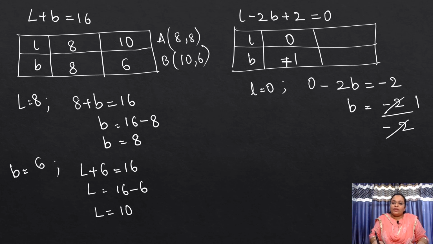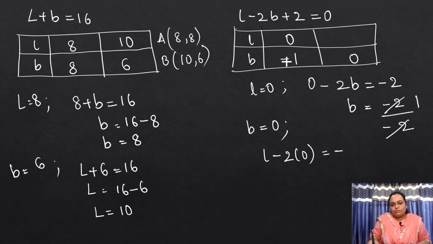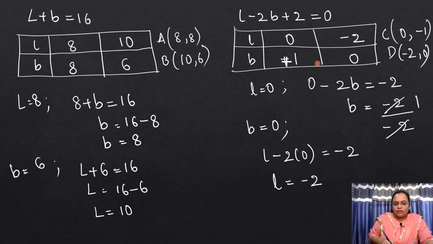And when you take B is equal to 0, L minus 2 of 0 is equal to minus 2, which is L is equal to minus 2. So when B is 0, you will get L as minus 2. This is not minus 1, this is plus 1, because minus minus will get cancelled, which is B is equal to 1.